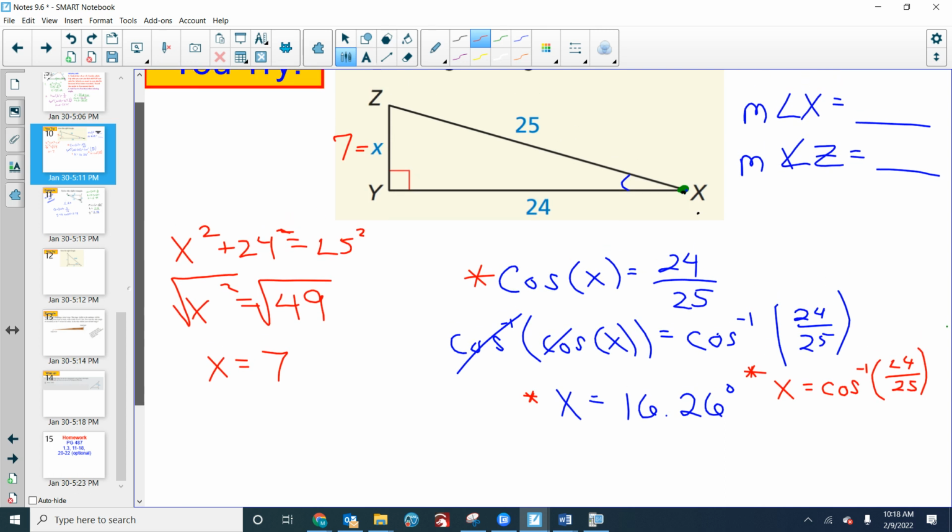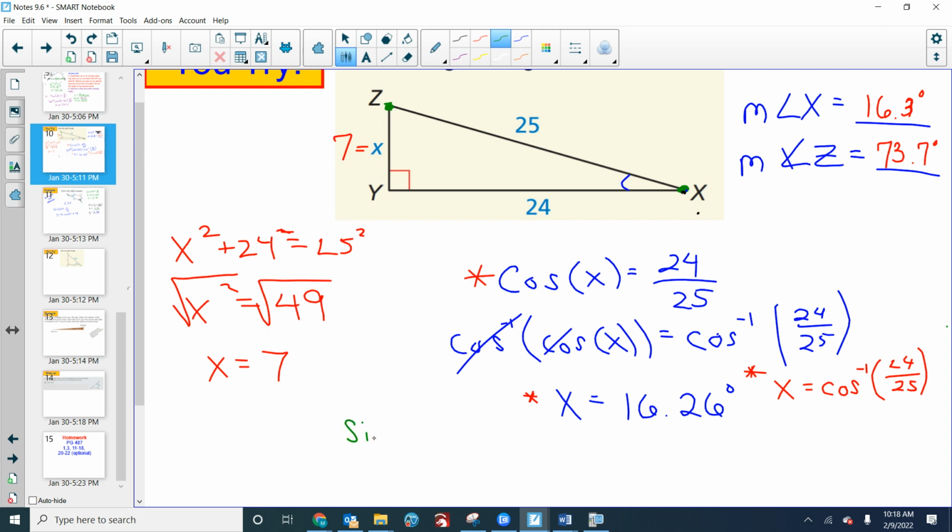Now, the next part is whether you're feeling risky or not. 16.3 degrees. Could you take 90 minus 16.3 and get 73.7? You could. Even better, you put your finger on z and you say, well, I'm going to use the opposite and hypotenuse.